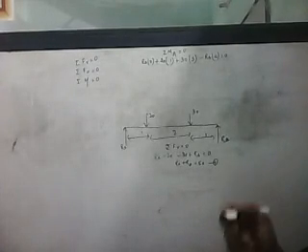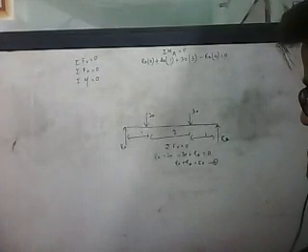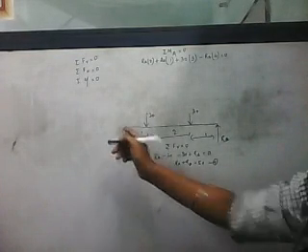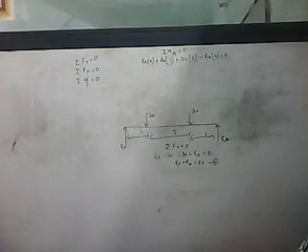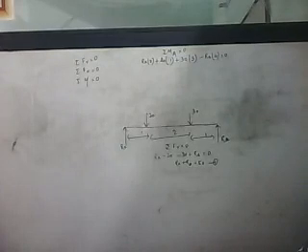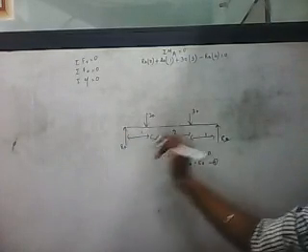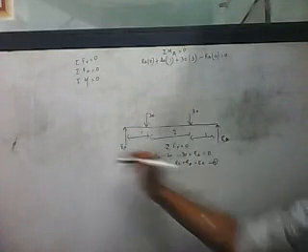Ra is applying on this point, that's why it's 0. Ra into 0, 20 into 1, 30 into 3, Rb into 4.